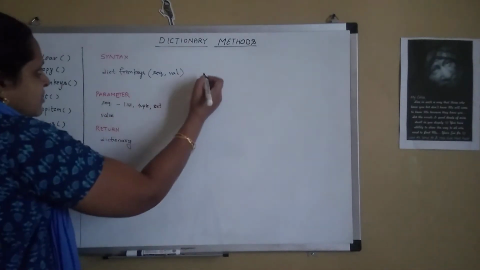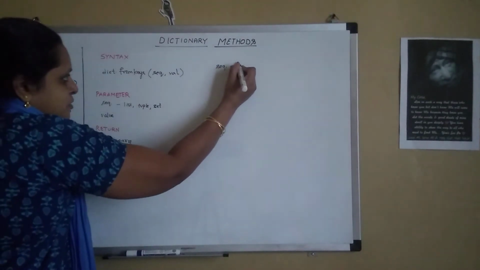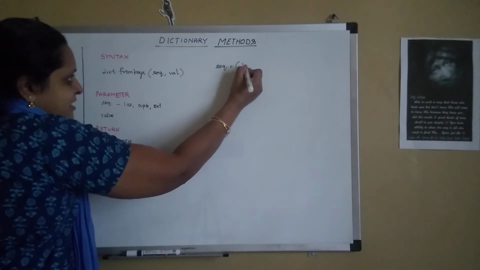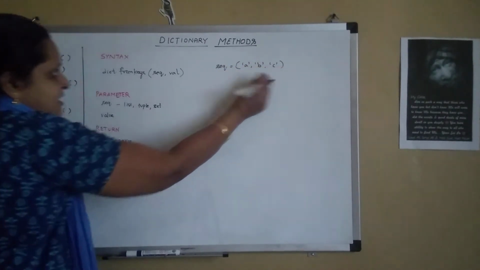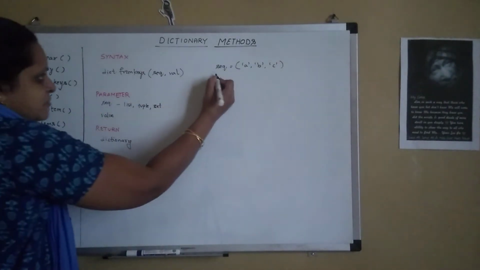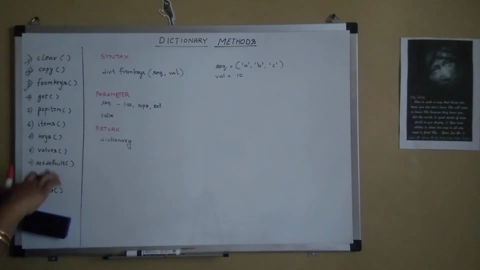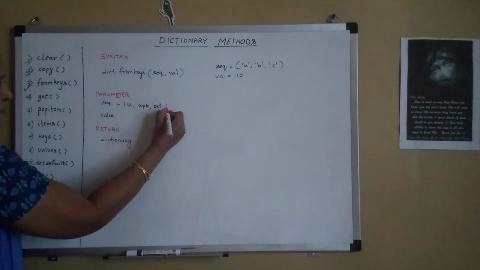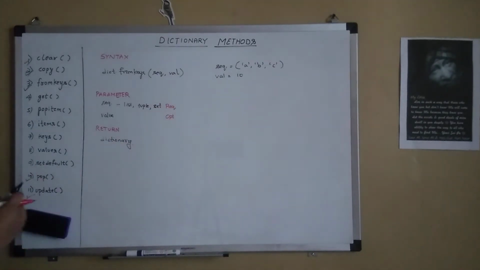So now my sequence, in a tuple format, let me specify the keys. It has three keys, that is A, B and C. And let me say my value is equal to 10. So friends, here sequence is a required parameter and value is an optional parameter.